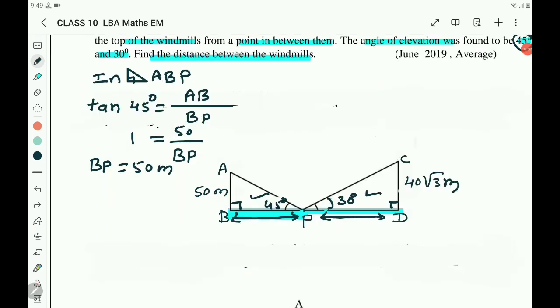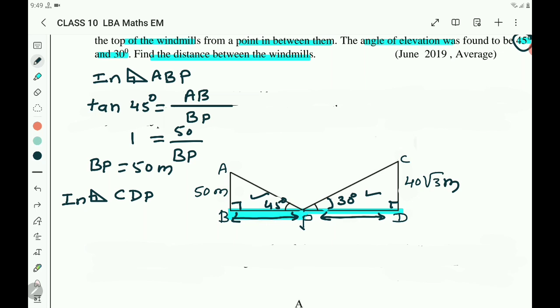Then to find PD, write the right angle triangle PDC or CDP. Here again we have to find out PD, which is the adjacent side, and the opposite side CD is given.